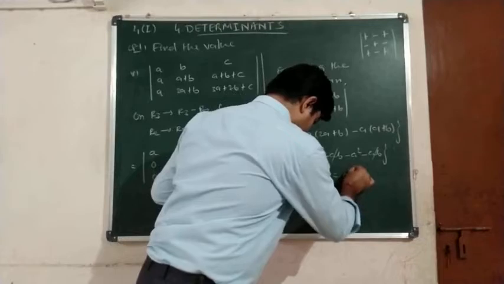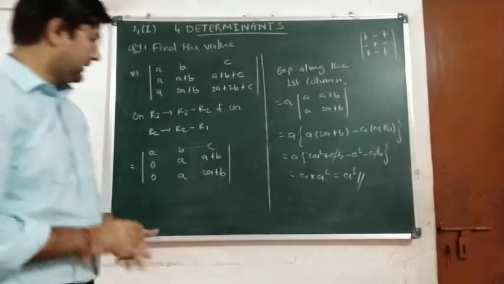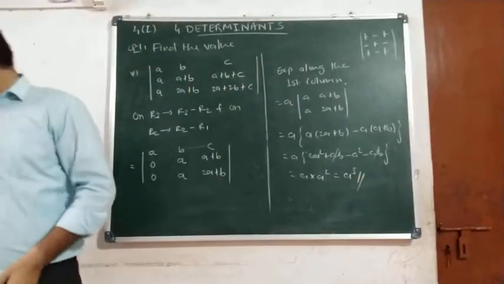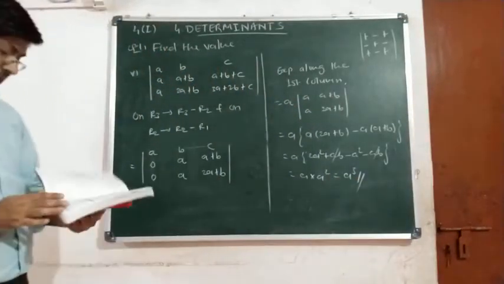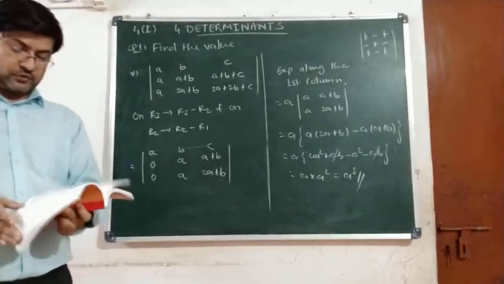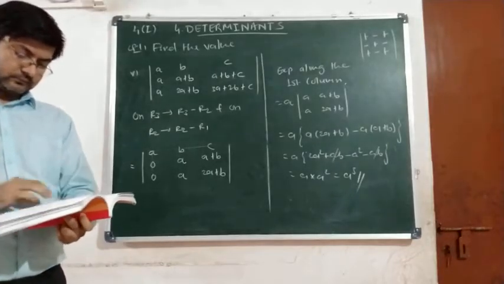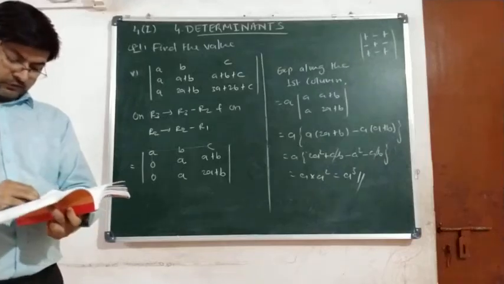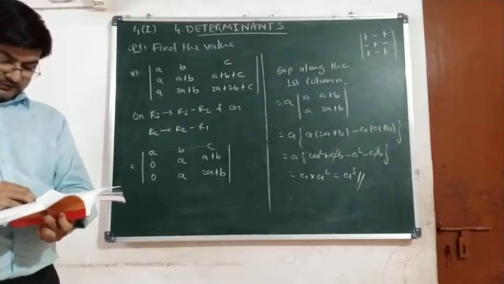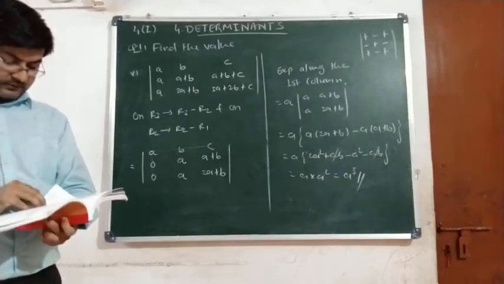So the answer will be a cubed. Clear? So the fifth one of question number 1 we have solved. Now we will solve the next question, that is number 6.